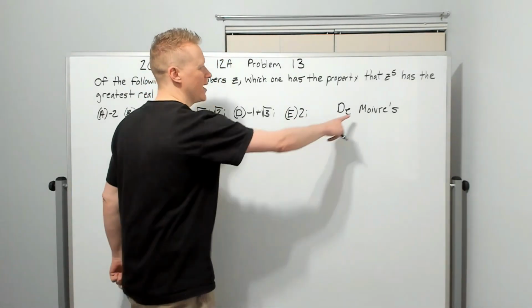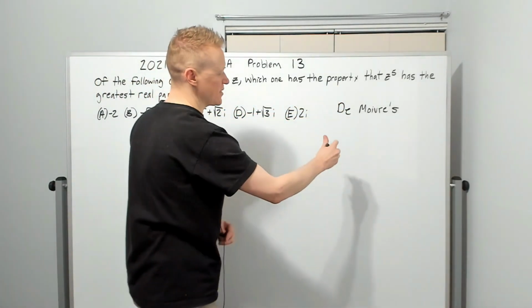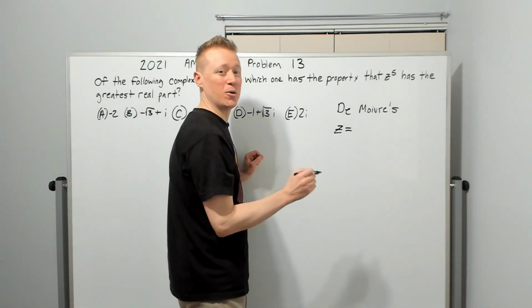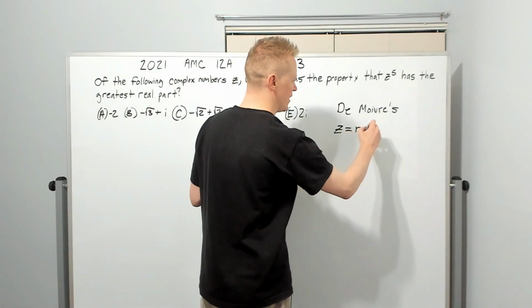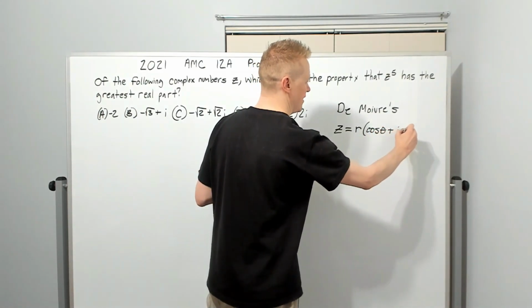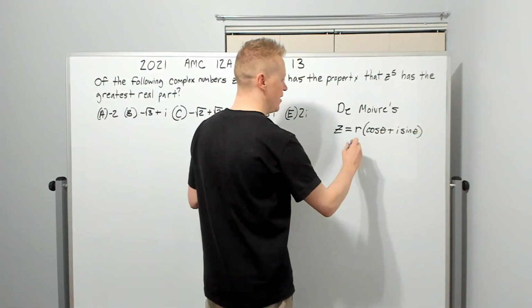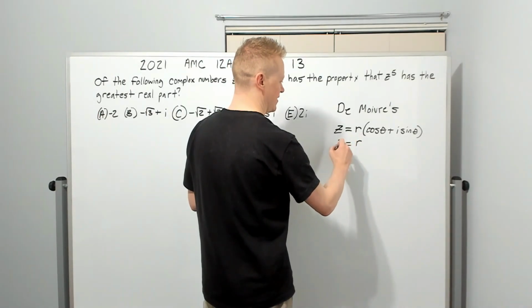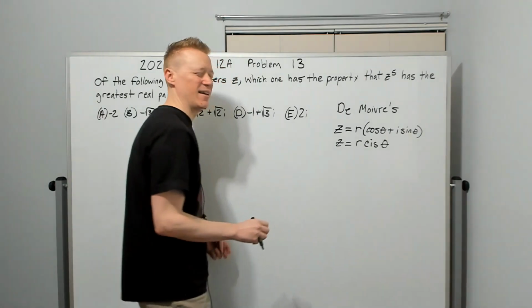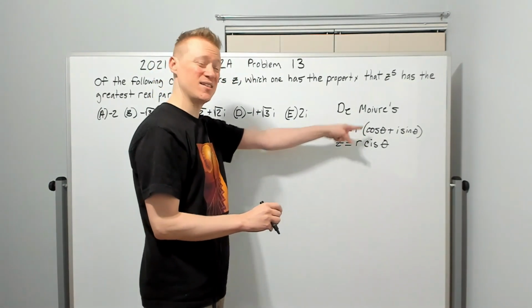Okay, this theorem, how does it work? Basically, you're going to have a complex number written in polar form. So that would usually be written r cos theta plus i sin theta. But that, in fact, often gets shortened to just r cis theta. If you haven't learned that notation, you should, because of time savings.